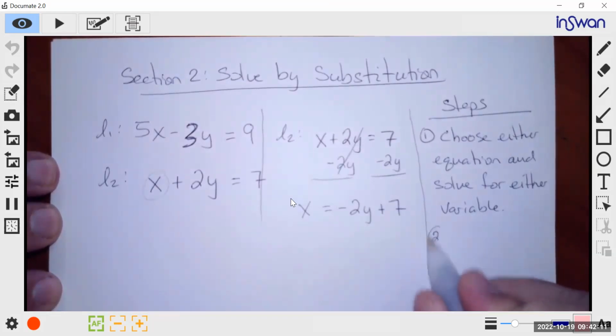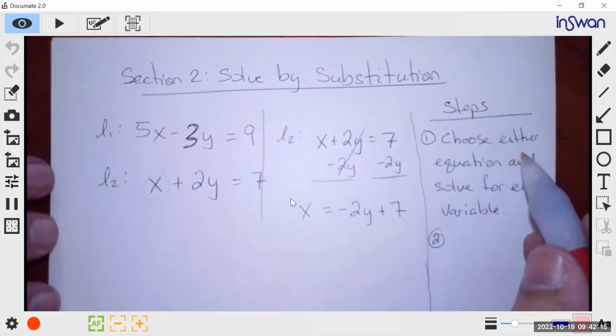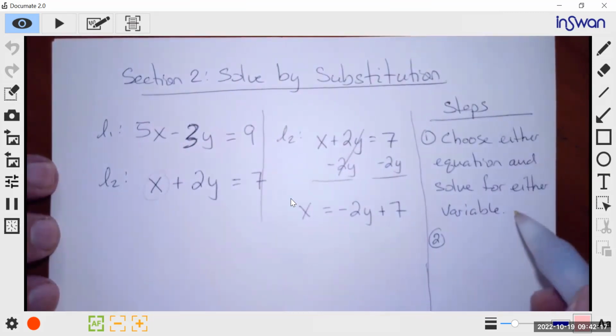The second step. Okay, you've chosen an equation and a variable and solved for it.